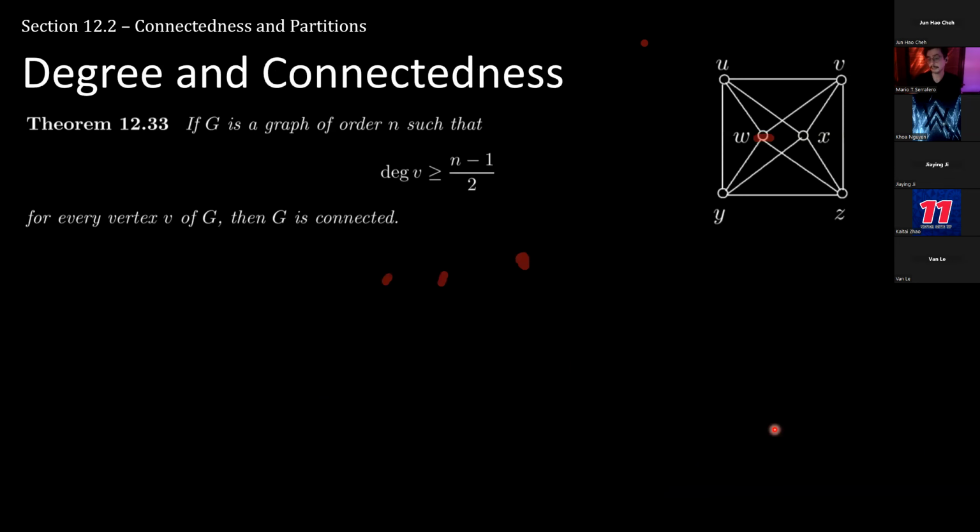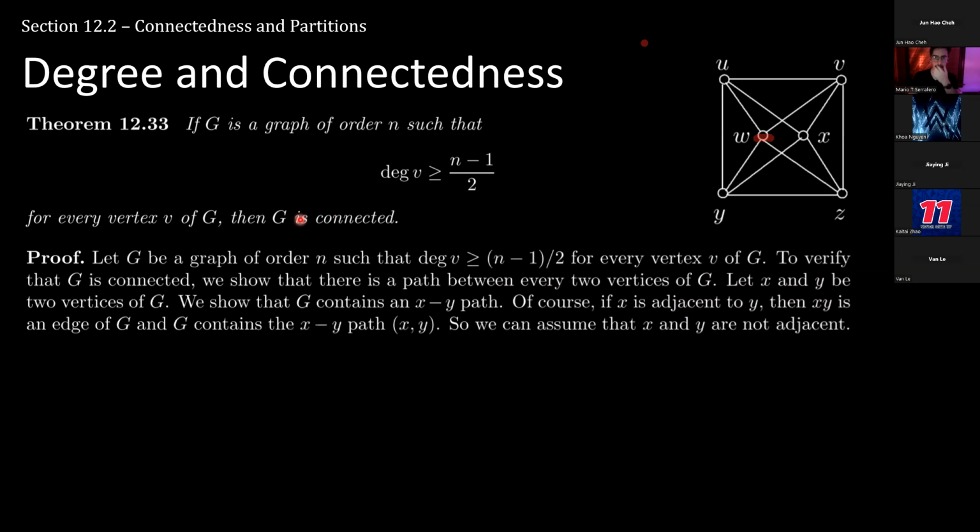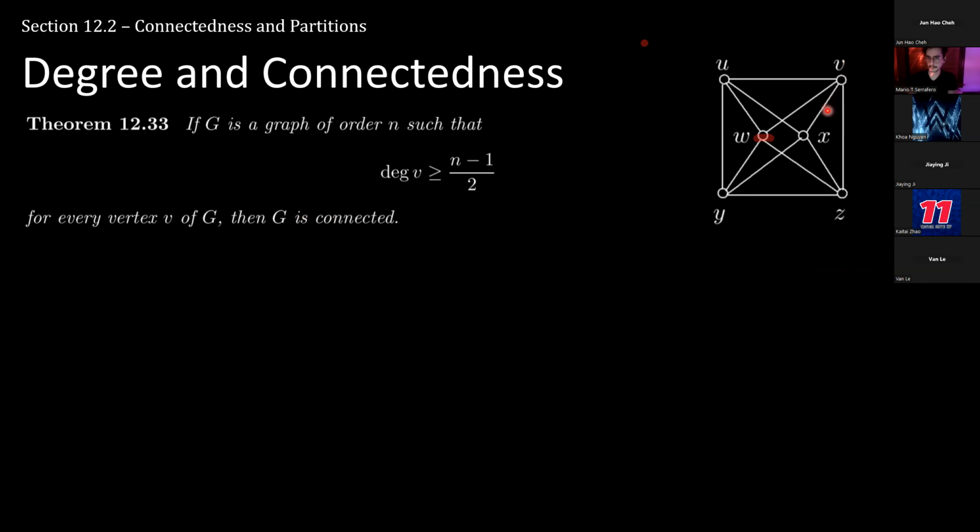Okay, so if we can show that a graph has this lower bound on all of its degrees, then we can guarantee that it's connected. So it's not every graph, it's a particular type of graph. For example, the graph in the picture, which I think is the one from before, is certainly such a case.